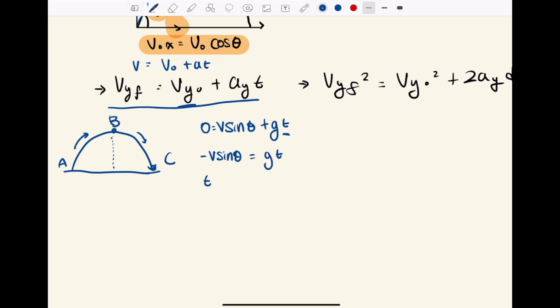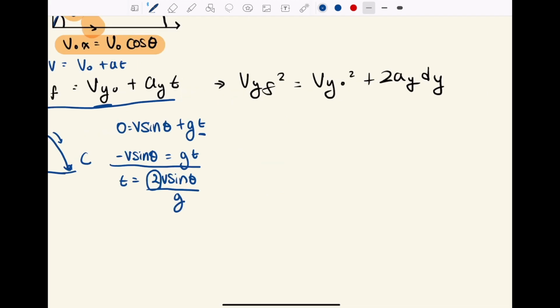And therefore, t equals 2v sine theta over g. The reason why I put 2 is because that is the time it took for the ball to go from point A to B, and we need to multiply by 2 in order to get the full time from when the ball leaves point A to when it reaches point C.